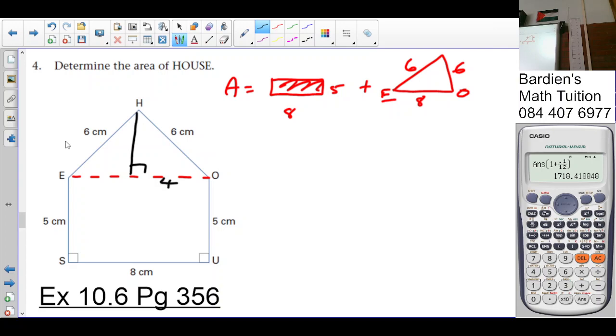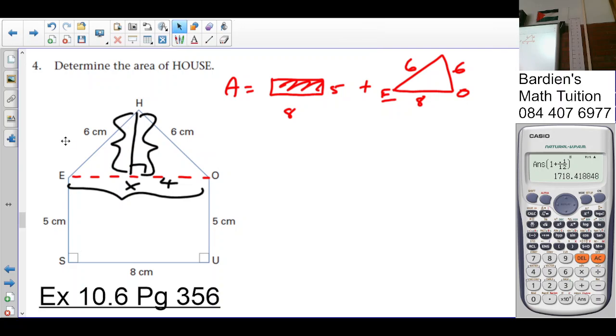Then I could have applied Pythagoras and gotten the height, and then gone half a base, which is 8, times the height I would have calculated. But I know they don't want you to use this. I know they want you to use the area rule. It's going to be a bit longer, but I'm sure that's what they wanted you to do.